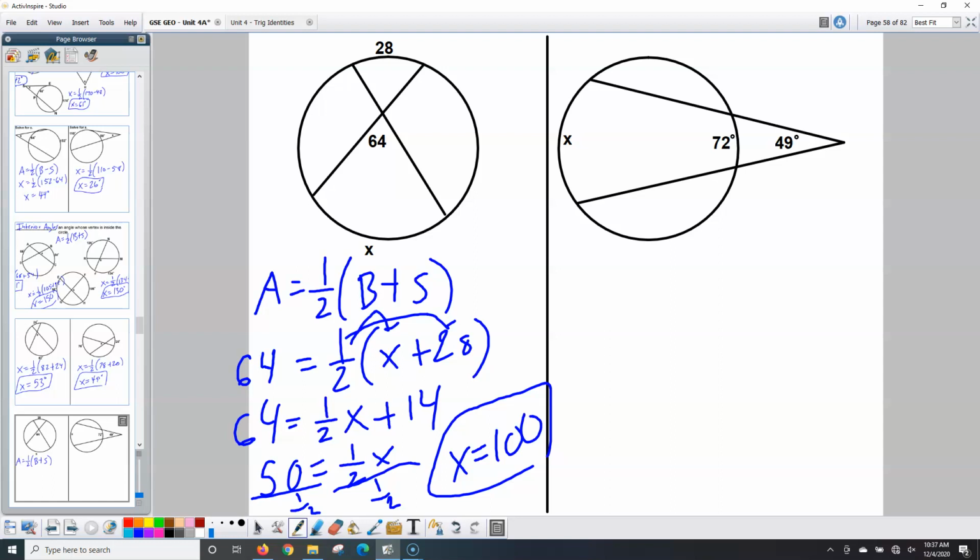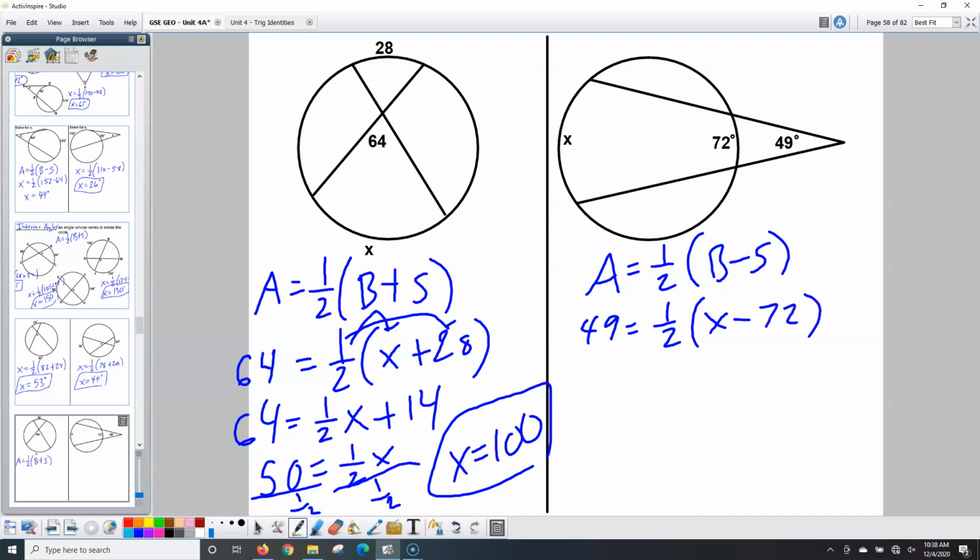Next one, I've got the angle equals 1/2 big arc minus the small arc because it's an exterior angle. So the angle is 49 equals 1/2 big arc is X minus the small arc 72. And since I left it up the other way on the left side, I'm going to multiply by 2 on this side.